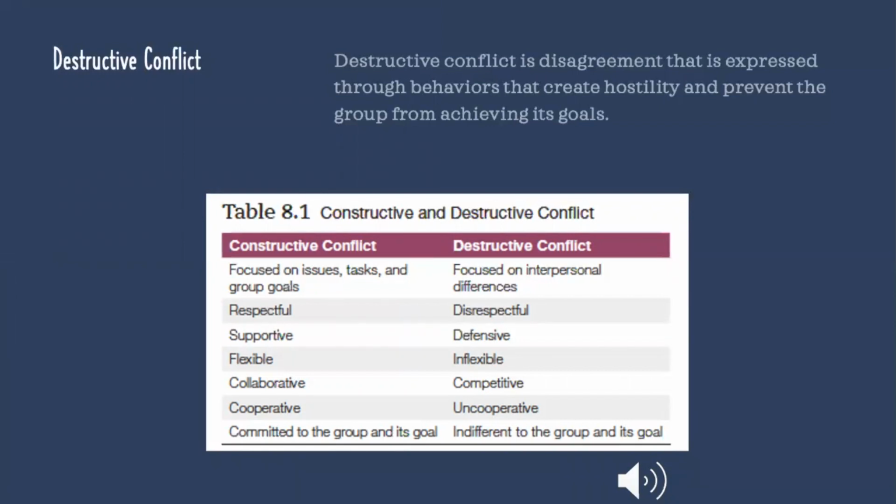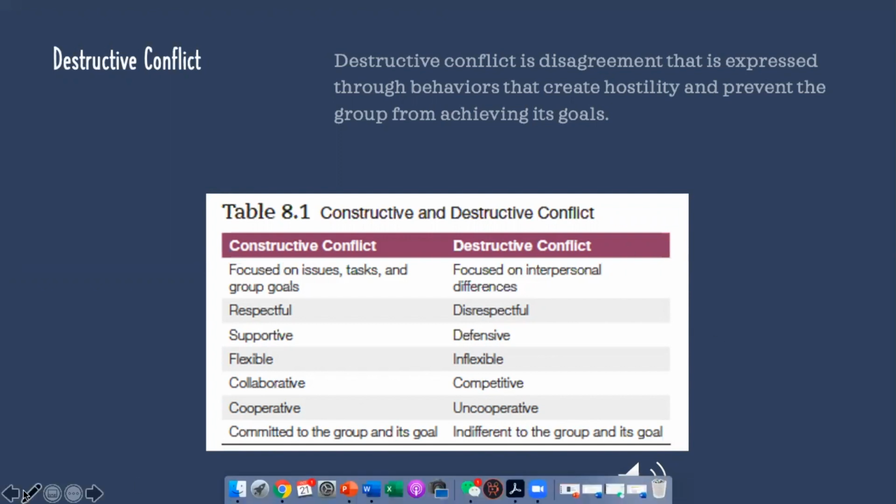I think this is a great chart to be able to give a contrast and comparative narrative to these two areas of conflict. Of course, the goal is to have this constructive style of resources and skills that we're developing in conflict resolution.